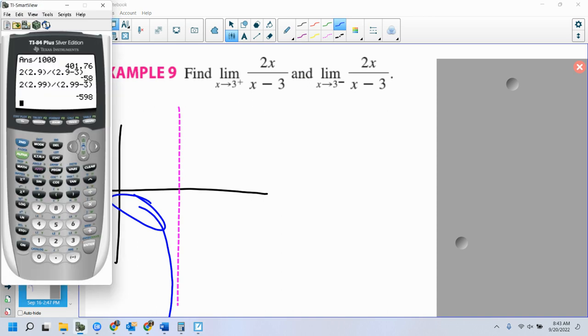So let's do 3 positive on the right side of 3. 2 times 3.1 divided by 3.1 minus 3 is 62. Okay. Let's run one more number closer to 3. Let's say 3.01.